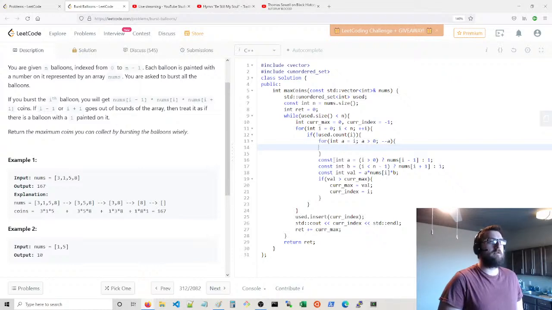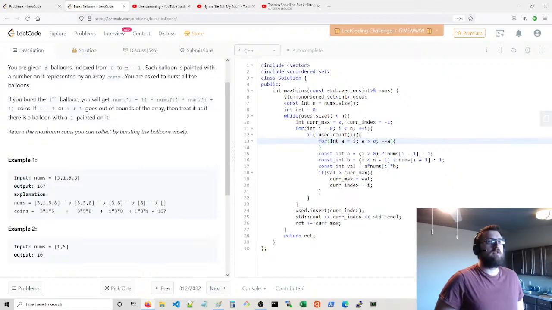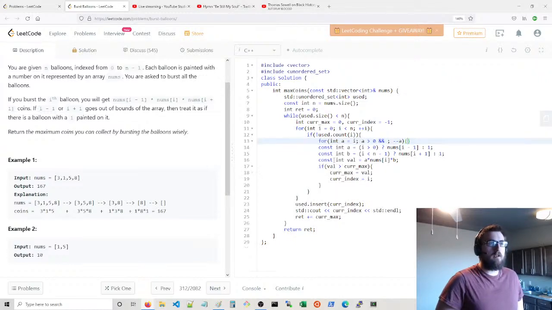Or actually, you want to do it the other way around. a starts off at i minus 1, as long as a is greater than 0 and not used dot count of a, keep decrementing a.